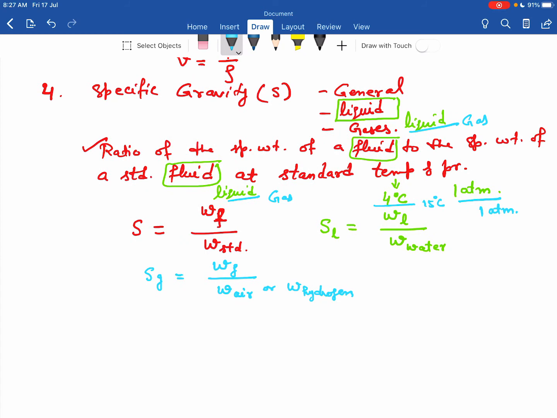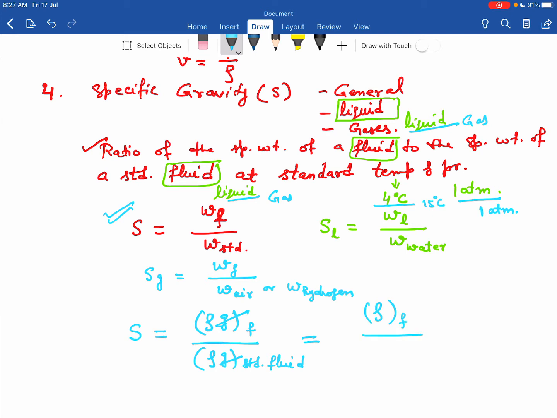Now specific gravity S you can also write, in the general term, as specific weight of fluid, rho into g of fluid, divided by specific weight of standard fluid, rho into g of water or standard fluid. Now g is constant, so this becomes rho for fluid divided by rho for standard fluid.